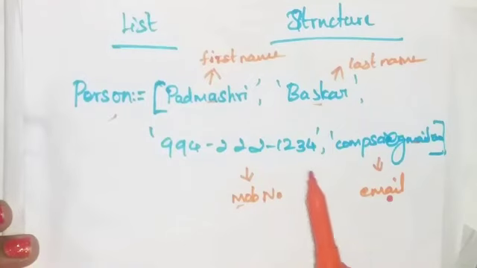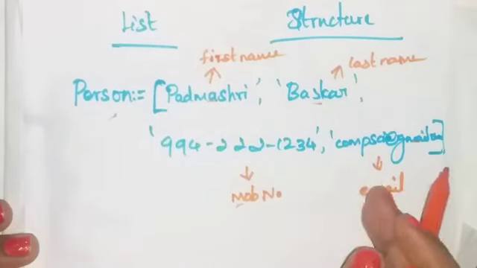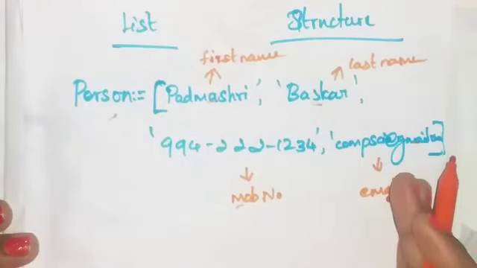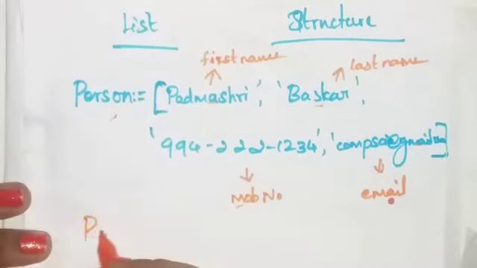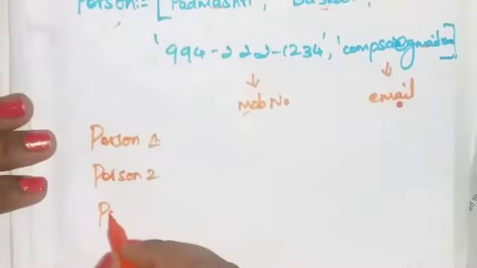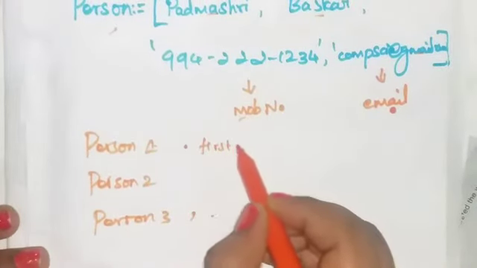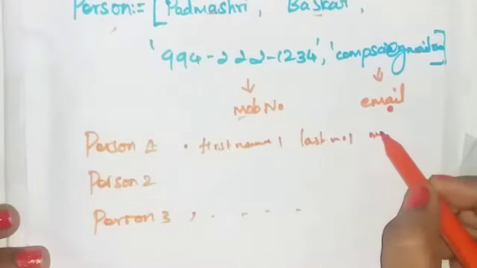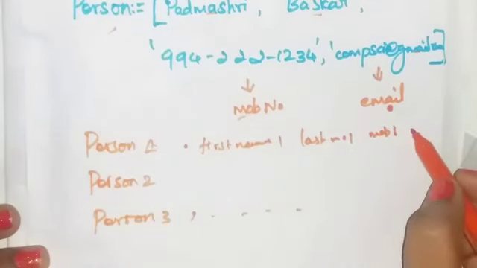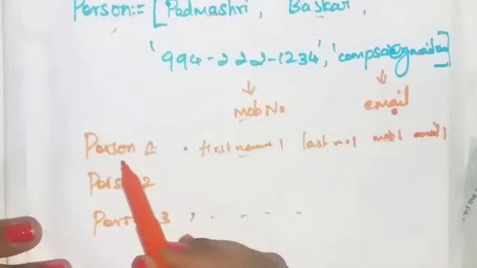But if you want to store the information about more than one person, then what will you do? Now you need to create several variables again and again for each person. For example, person 1, person 2 and person 3, etc. So you create first name 1, last name 1, mobile number 1 and mail ID 1. These are the variables that belong to person 1.